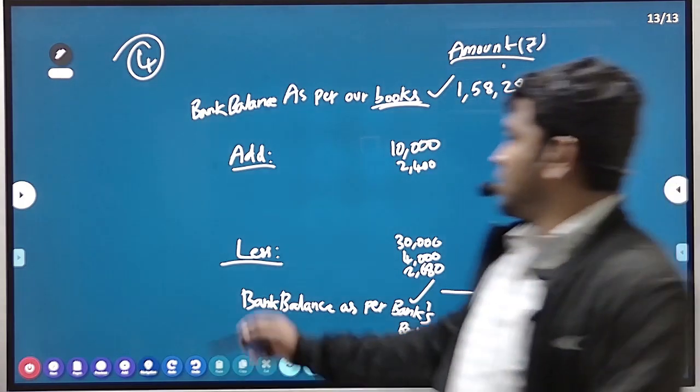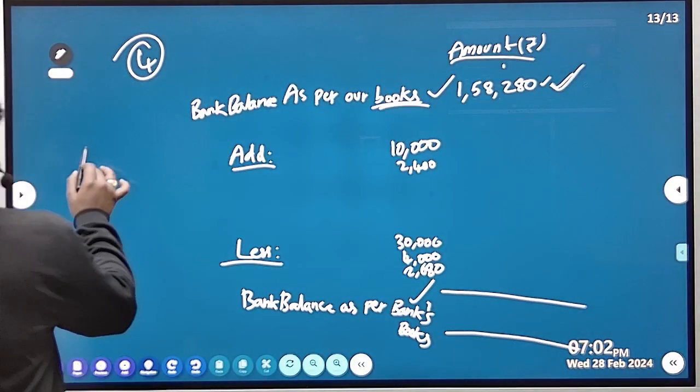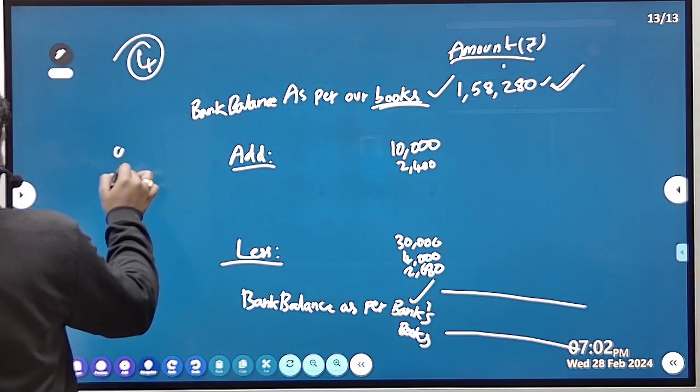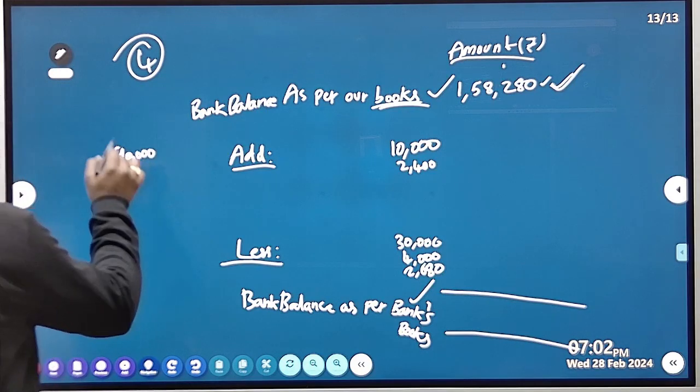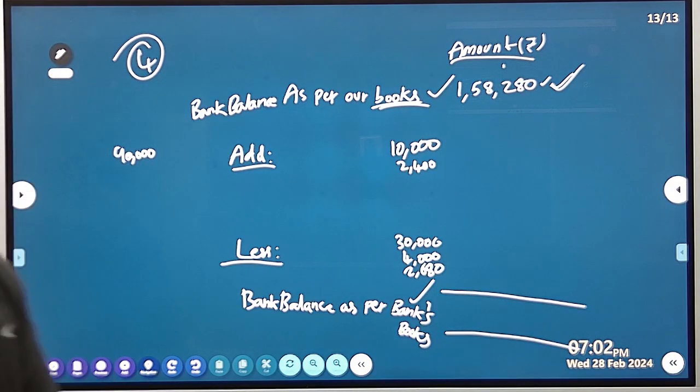समझ गए? देख लो, इधर देख लो. हमारा बुक्स में पेमेंट कितना दिखाया था? 40,000. पेमेंट ज्यादा दिखाने से बैलेंस क्या हो जाएगा? कम हो जाएगा.